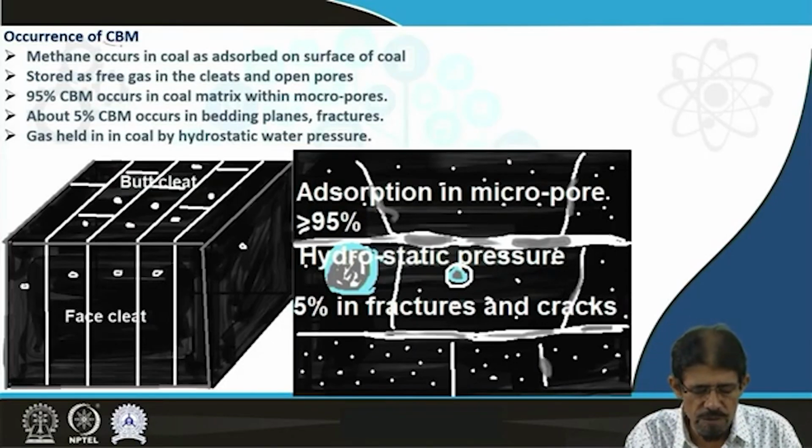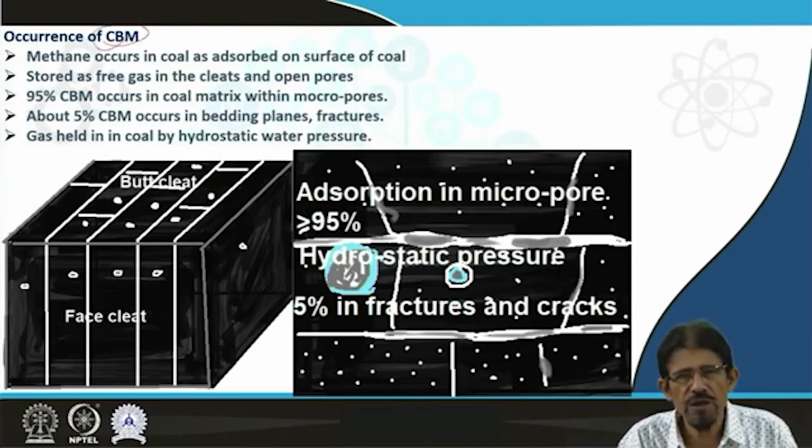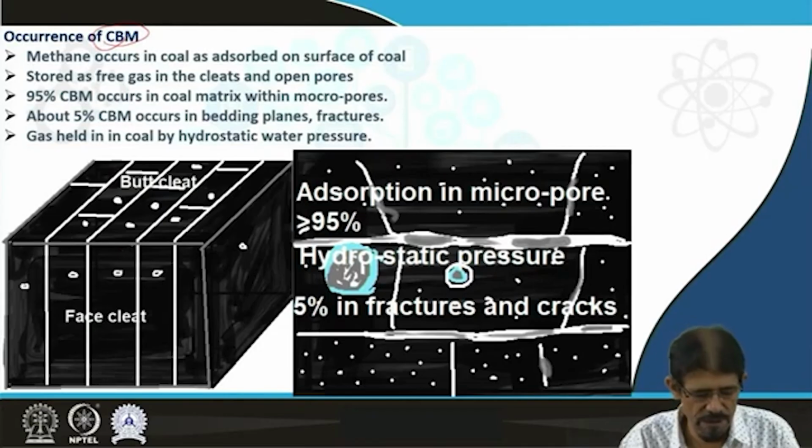Therefore, the CBM concentration: the coal bed hosts it in the form of bedding, joints, cleat, or pores developed within this coal bed or in the matrix.